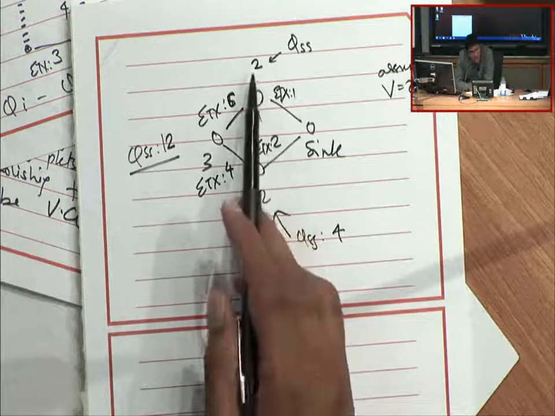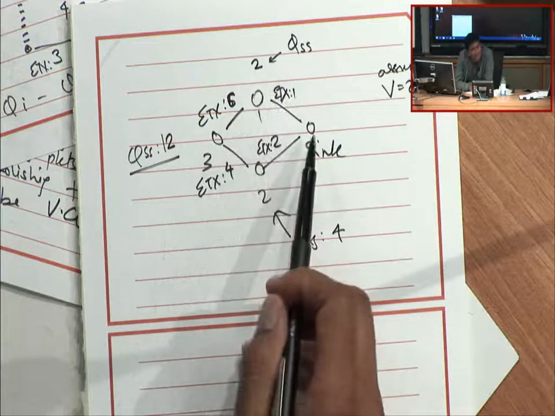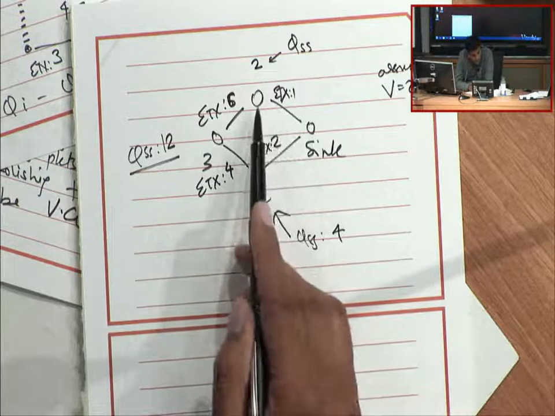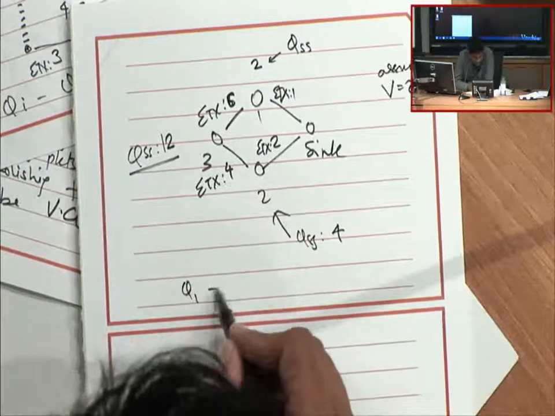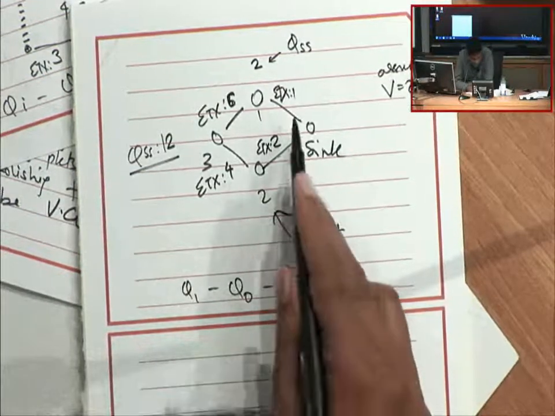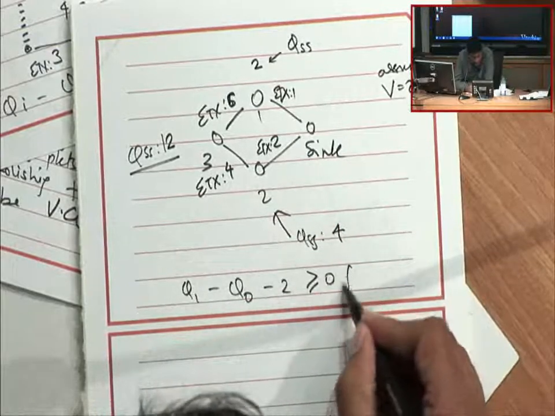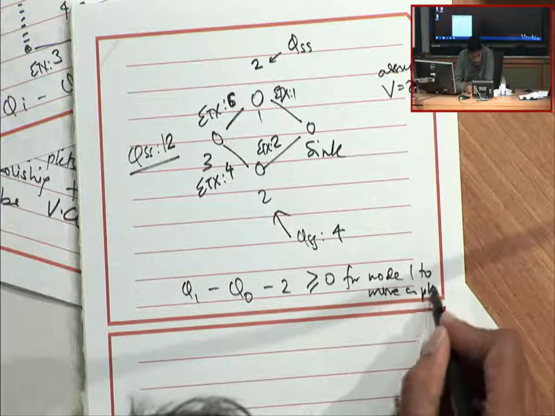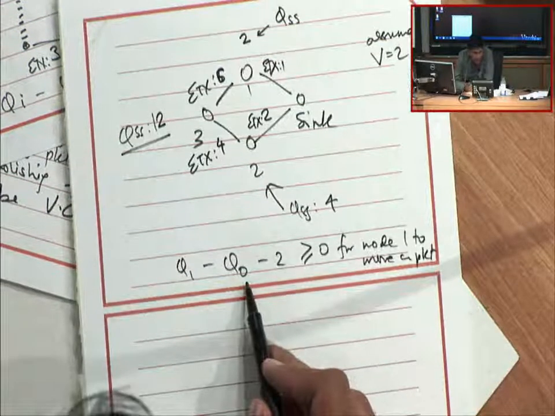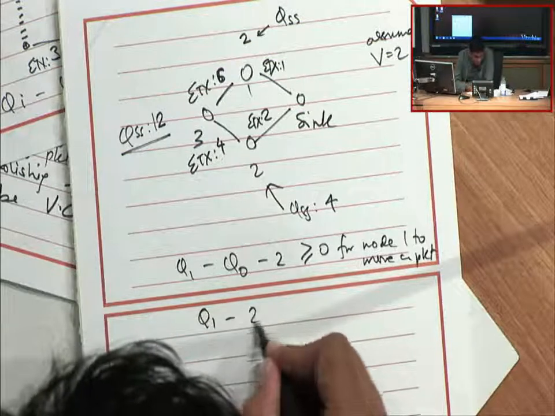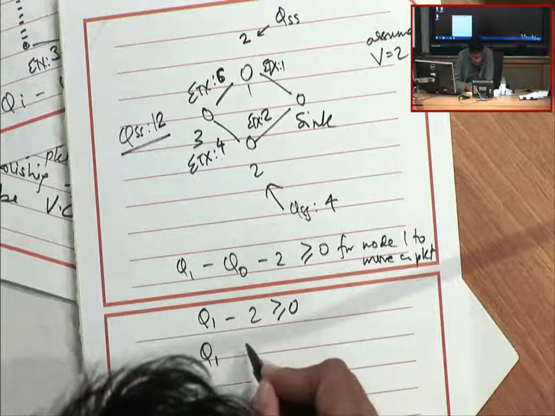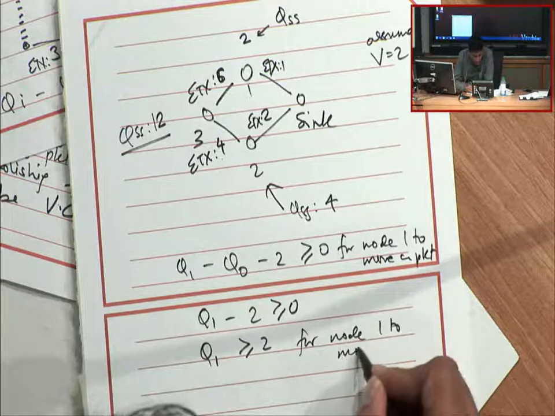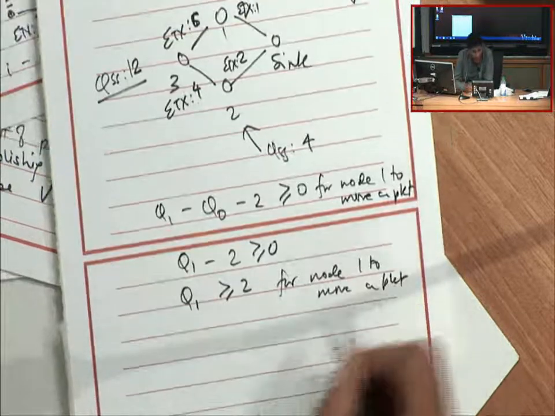Certainly if it had less than 2 packets, they're not going to move to the sink, because Q1 minus Q0 minus 2 times the ETX for it has to be bigger than 0 for node 1 to move a packet. Q0 is always 0, which means that Q1 minus 2 must be bigger than 0 for node 1 to move a packet.